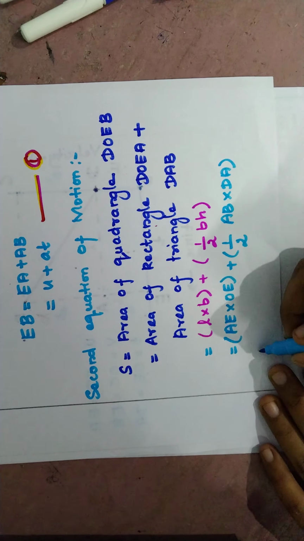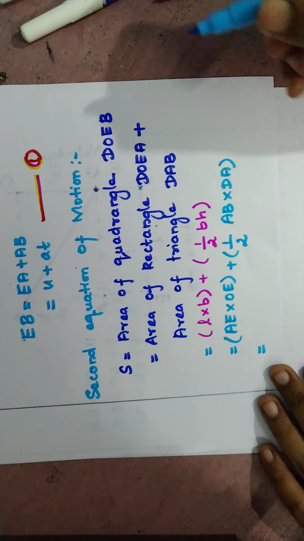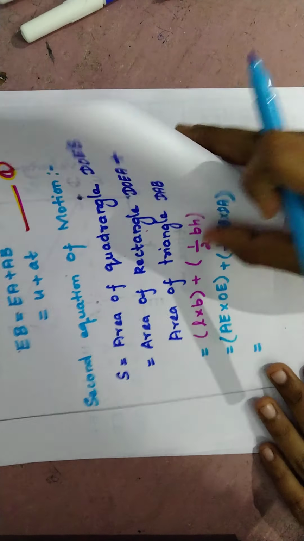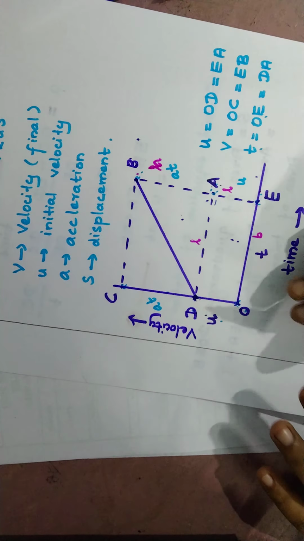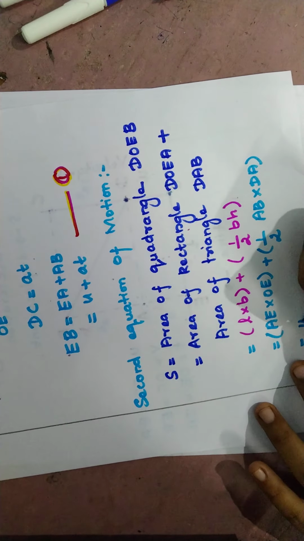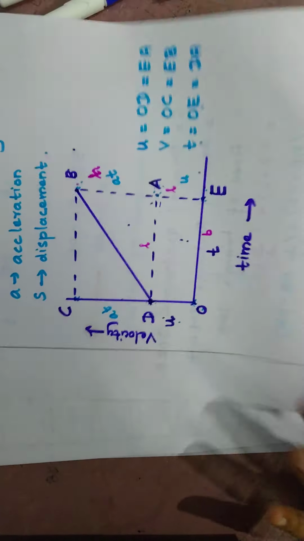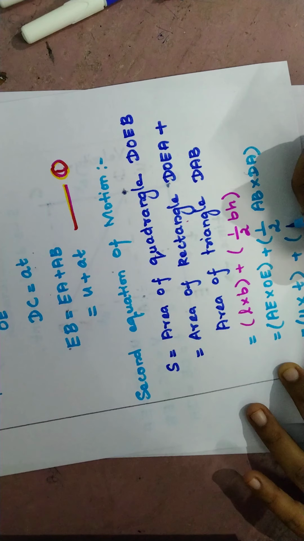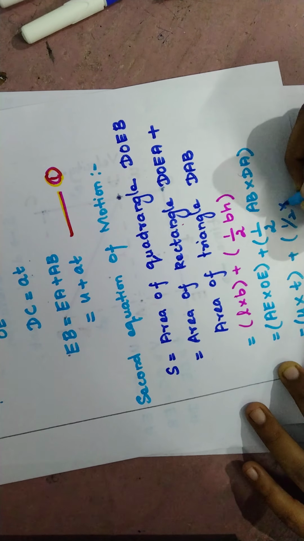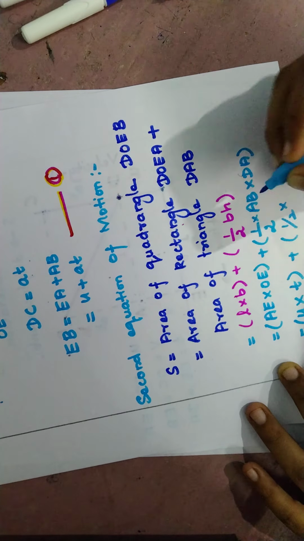AB into DA equal to, what is the value for AE? AE value is U. U into, what is the value for OE? OE value is T. T plus half into, what is the value of AB?